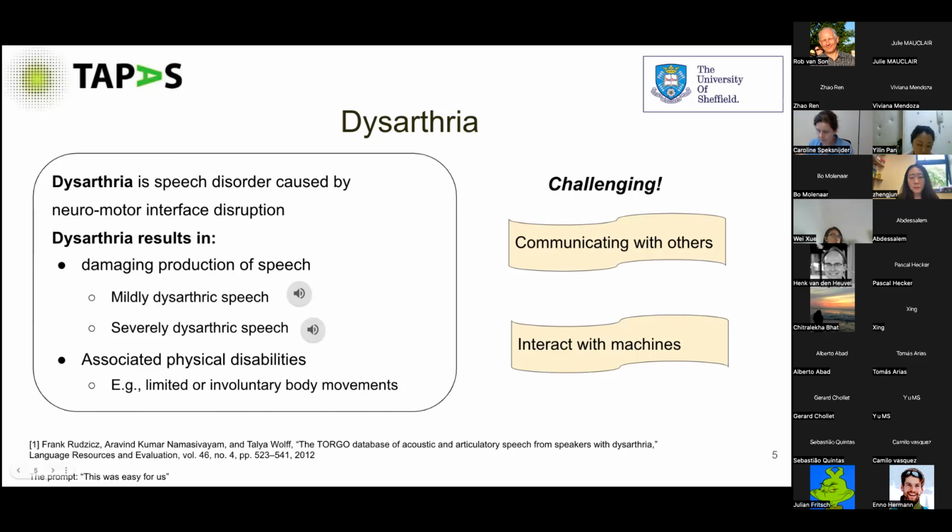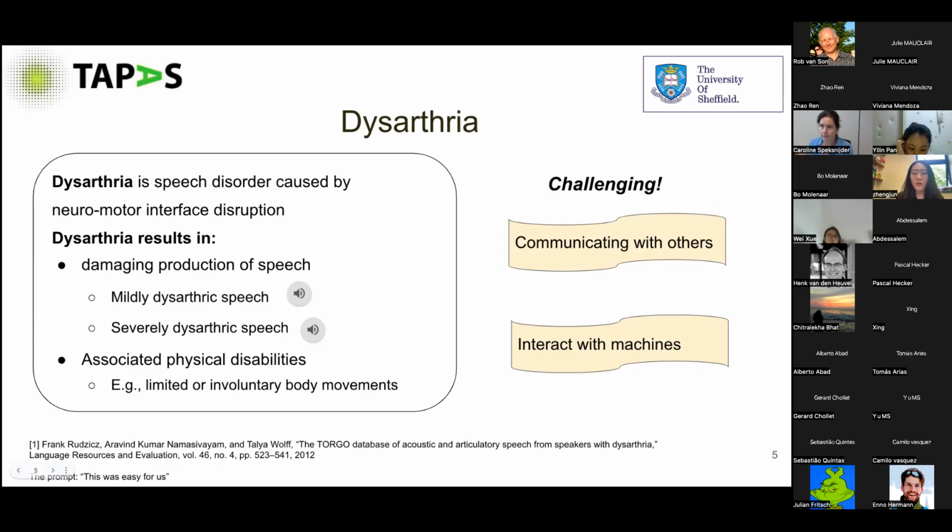Moreover, people with dysarthria often have physical disabilities, such as those associated with stroke and cerebral palsy. They often have more limited or involuntary body movements. As a result, they may experience difficulty carrying out simple daily tasks, such as using handles or switches.